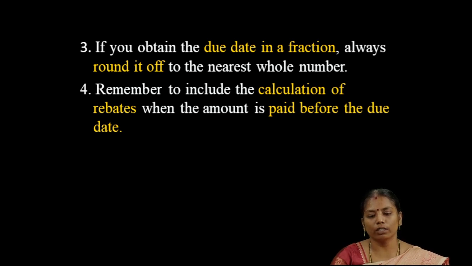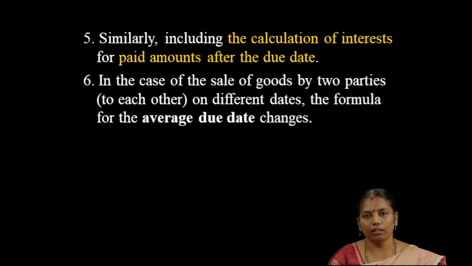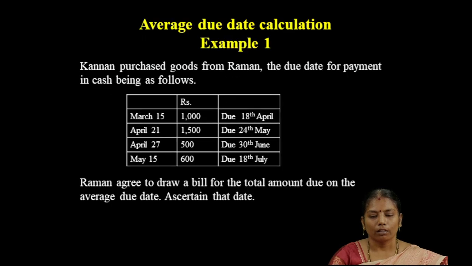Remember to include the calculation of rebate when the amount is paid before the due date. Similarly, include the calculation of interest for payments made after the due date. In case of sales of goods by two parties on different dates, the formula for the average due date changes. Let me see one example sum.